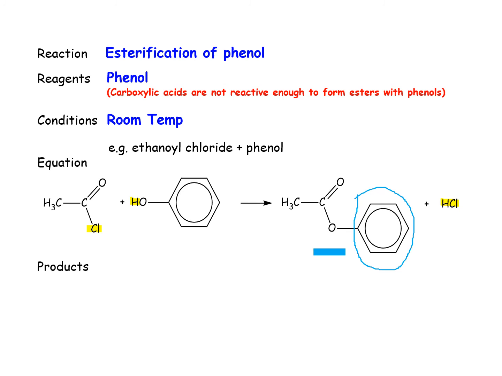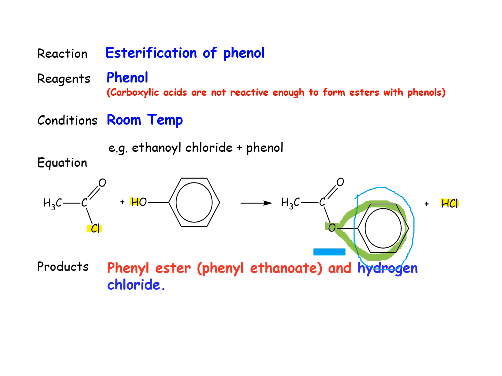Okay, so again, you're looking for the oxygen in the chain, and then remembering that this here has come from, well, normally it's the alcohol, in this case it's the phenol, so instead of it being called phenol, it would now be phenyl. So we've got a phenyl ester, and this one specifically will be phenyl ethanoate, and of course your hydrogen chloride there as your second product.